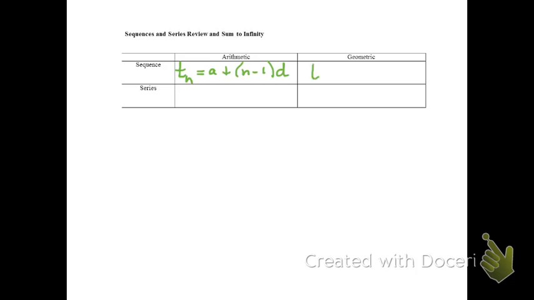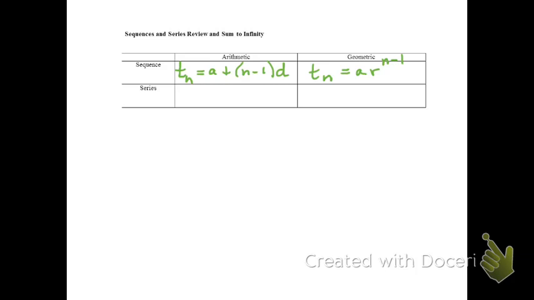And for geometric, term n was equal to a times r to the power of n minus 1. And you should also remember that the geometric series we built on, that was our exponential function, and we did a lot of stuff with that.